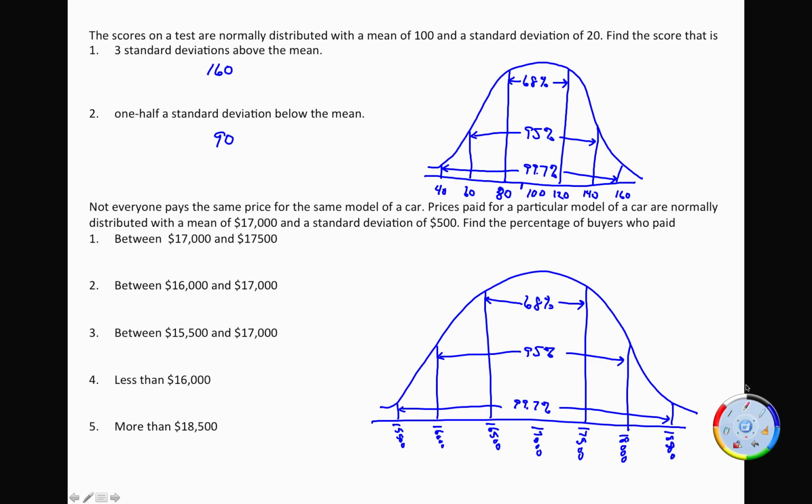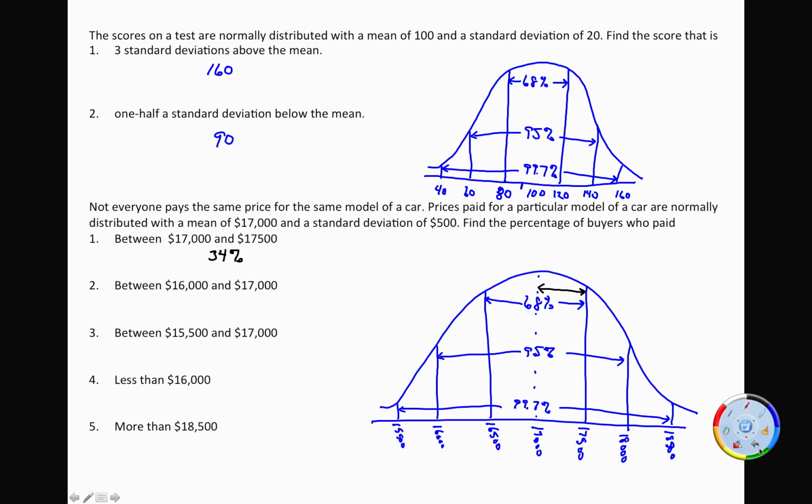Okay, so if I want to know the percentage of buyers who paid between 17,000 and 17,500, let me put my dot in here for my mean. Okay, well then that's these people right here between 17,000 and 17,500, which is half of my 68%. So 68 divided by 2 is 34%.